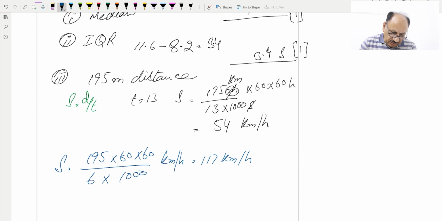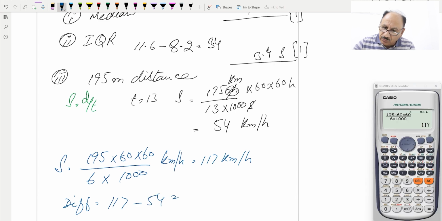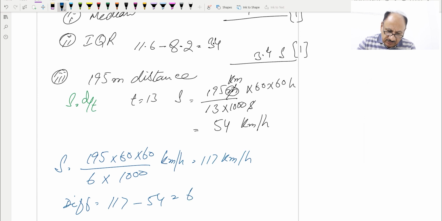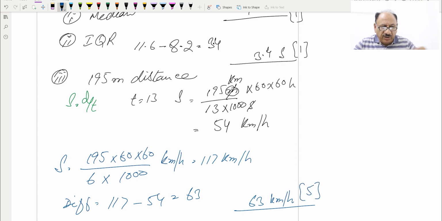So we can check the difference: 117 minus 54 is equal to 63. So 63 kilometers per hour is our answer, and this is for 5 marks.